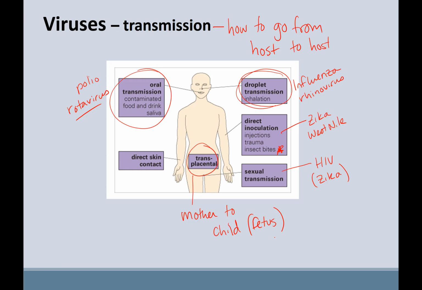And then direct skin contact. This would be more like human papillomavirus, which causes warts, or that could also be HPV, can be sexually transmitted, and that's why we're working on a vaccine for that.